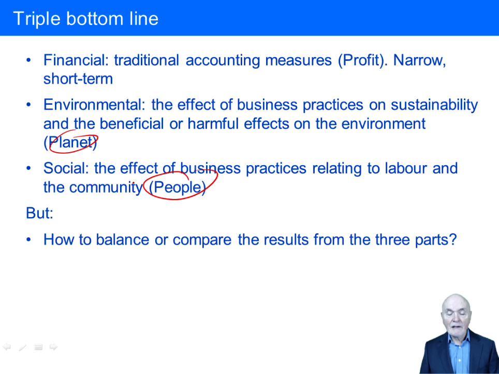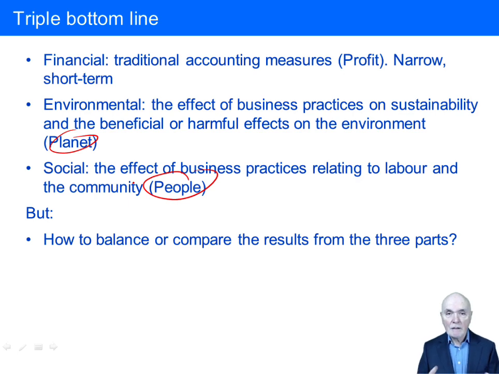First of all, how do you balance or compare the results of the three parts? To put it very, very crudely, we could very often increase our profits if we were to take less care about the environment. If we weren't as careful about cleaning up gas emissions, water being drained into the local river and so on, we could probably make better profits, certainly in the short term.